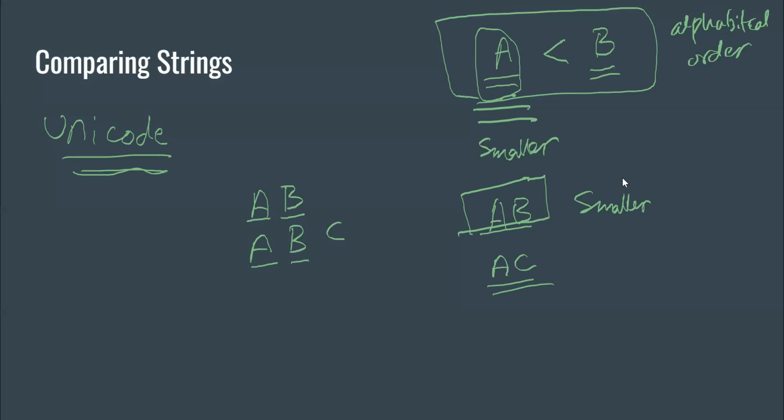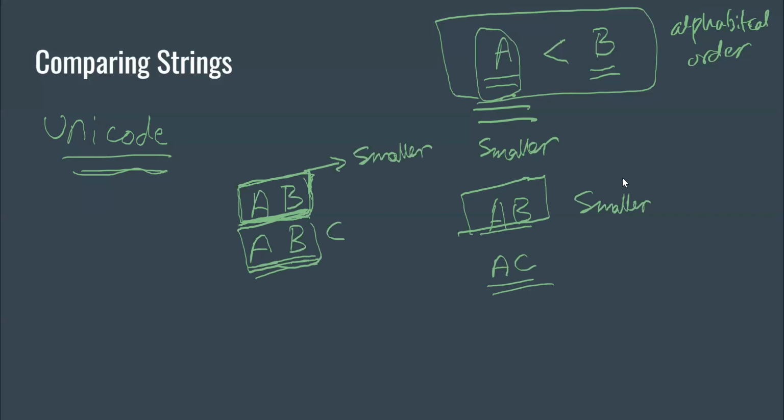Then, since we exhausted the first string, and all its characters are shared with the second string, we decide the first one is smaller. Again, if all characters in the smaller string are the same as in the larger string, then the shorter string is smaller.